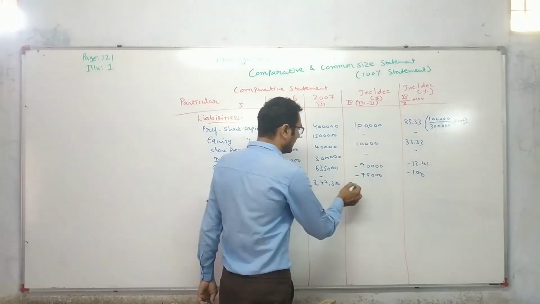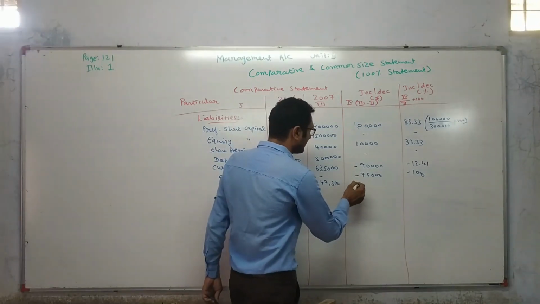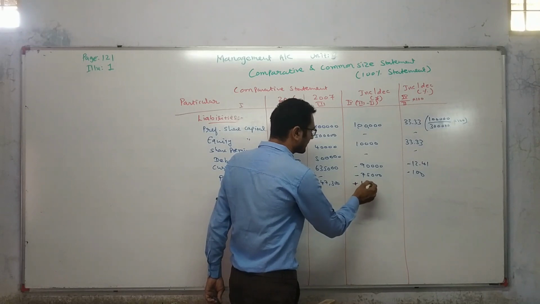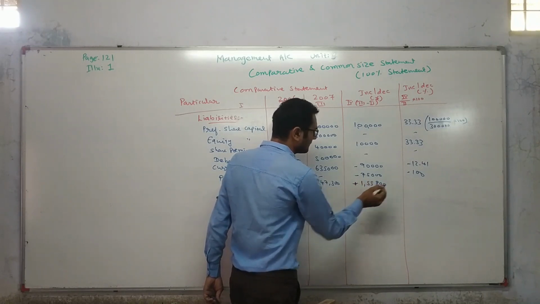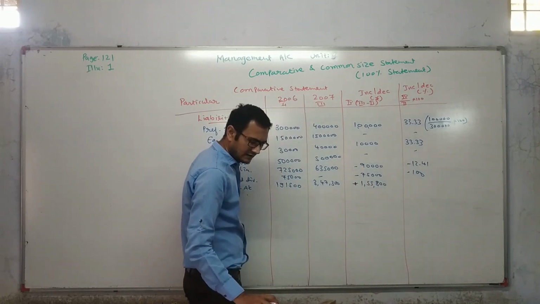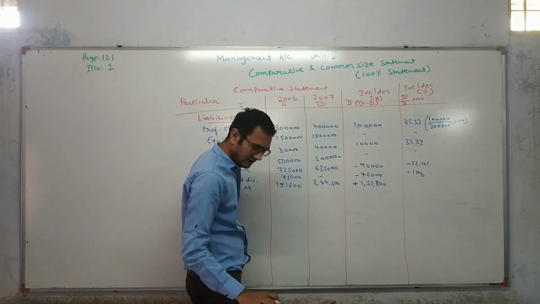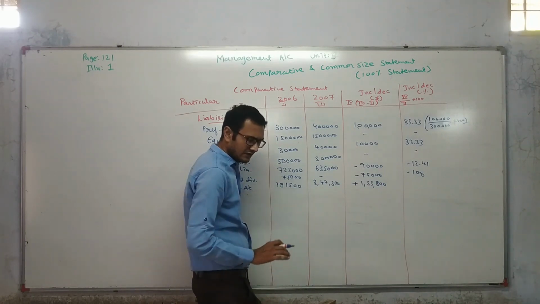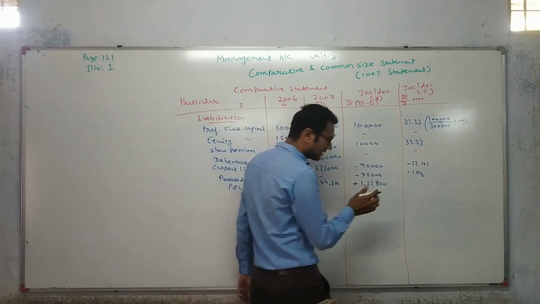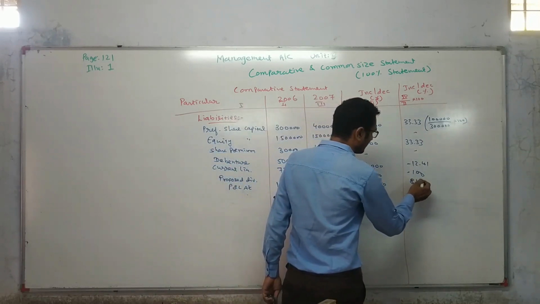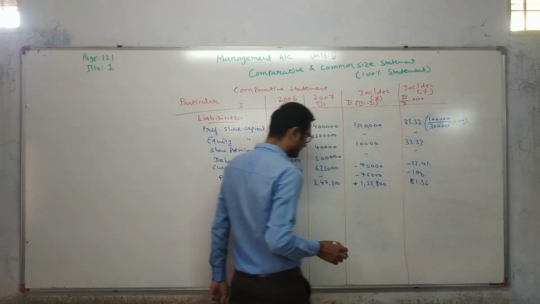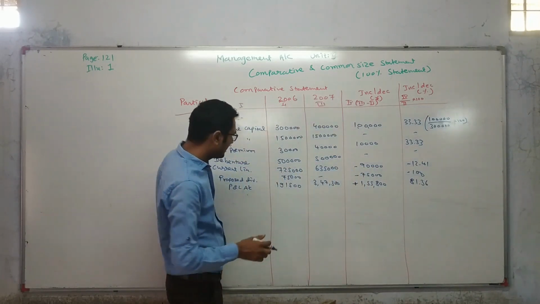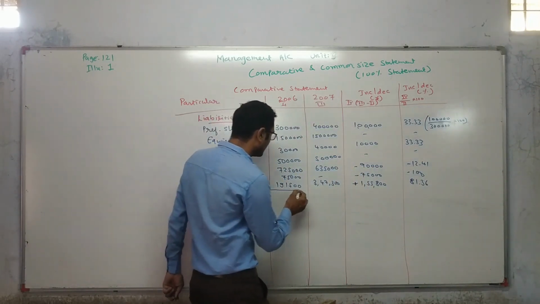So plus 1,55,800 divided by 1,91,500. So 81.36%. This is about the liabilities.